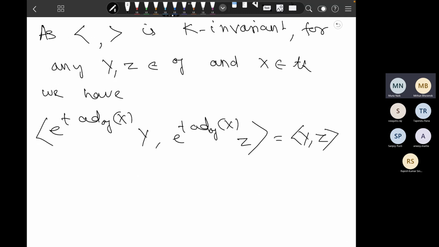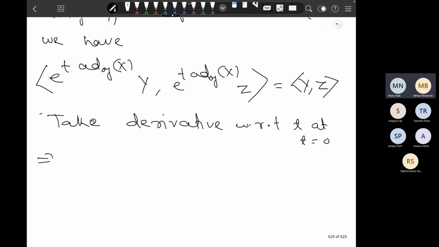Okay. Now if you take the derivative with respect to t at t equal to 0, we get R_G(x) y, z plus y, R_G(x) z is equal to 0.